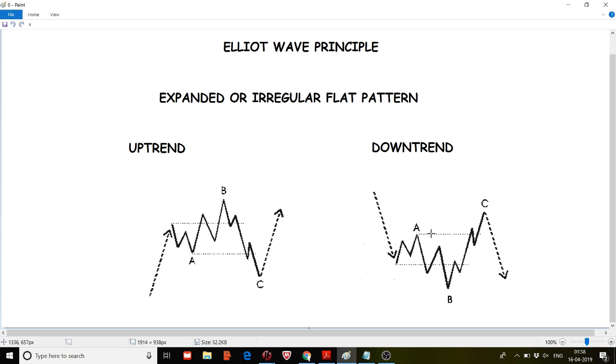I will show that on a chart so that it will be easy for you to understand. Just keep in mind this structure, or you can take a screenshot and save it, or you will get it in many internet books which you can download easily, and observe this pattern.